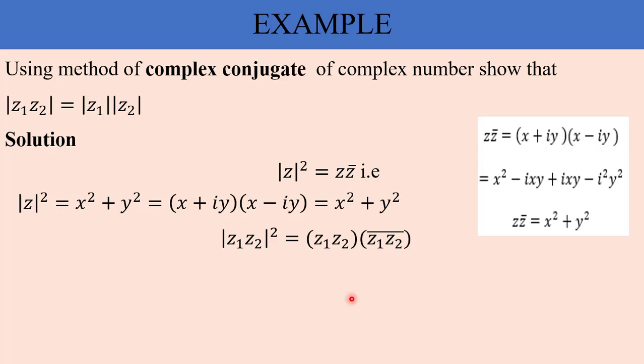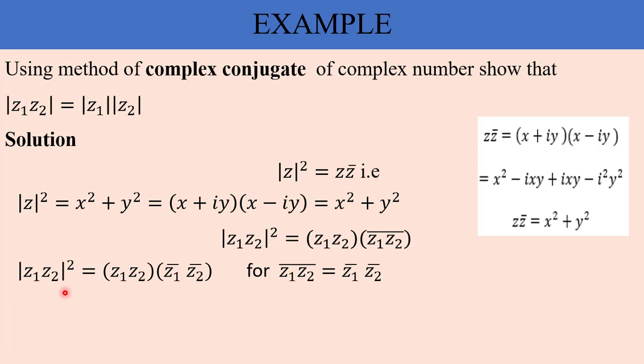Then the next step here is that the absolute value of z1 z2 squared will be equal to z1 times z2 into the complex conjugate of z1 times the complex conjugate of z2. This is done by substituting the complex conjugate of z1 z2, which is equal to the complex conjugate of z1 times the complex conjugate of z2. So if we substitute the whole of this here, we shall come up with this expression.